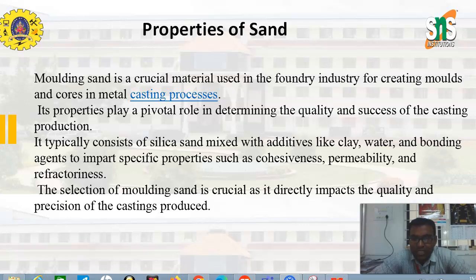The selection of molding sand is crucial as it directly impacts the quality and precision of the casting produced. Some of the properties of molding sand are porosity, flowability, collapsibility, adhesiveness, cohesiveness, and refractiveness. In this lecture, we will discuss them one by one.